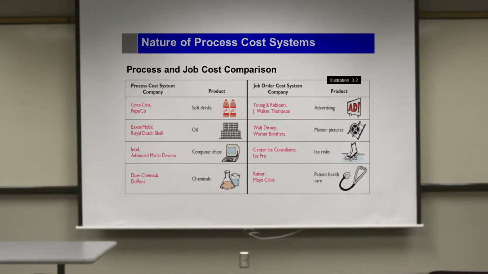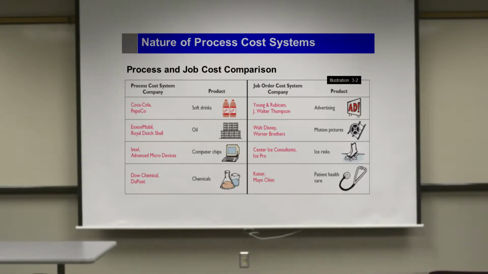And that is the cost of that project for Walt Disney or Warner Brothers. Similarly, at Mayo Clinic, patient health care is a personalized area, and Mayo Clinic will have to collect the cost that has been incurred for the patient separately, and it will be very different from the second or third or fourth patient.